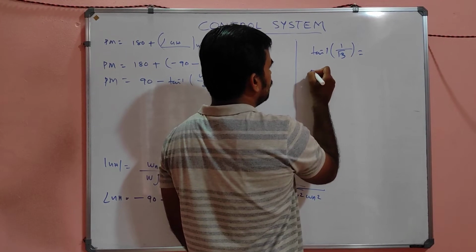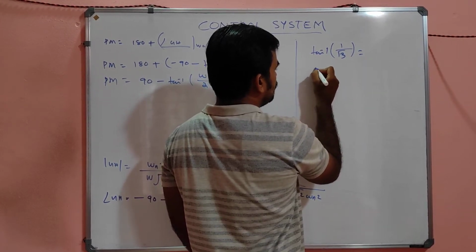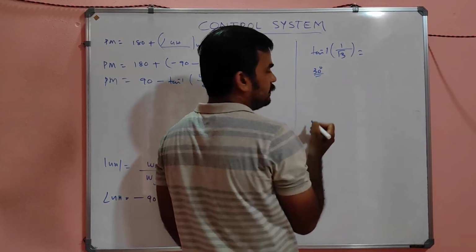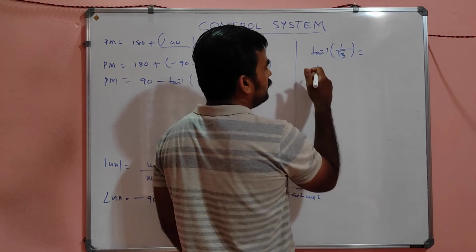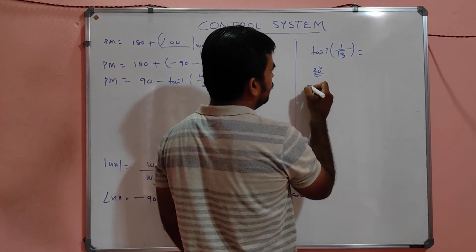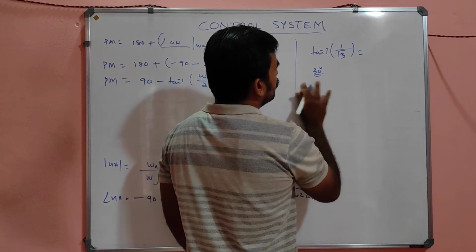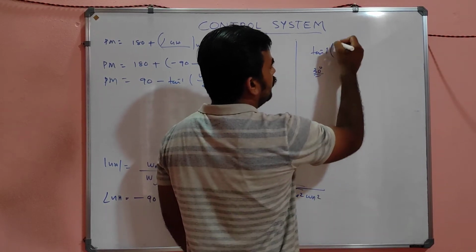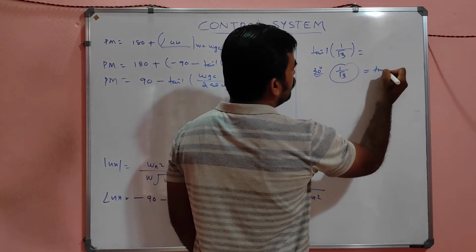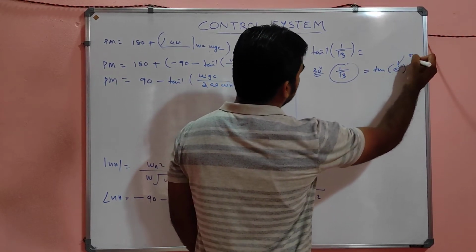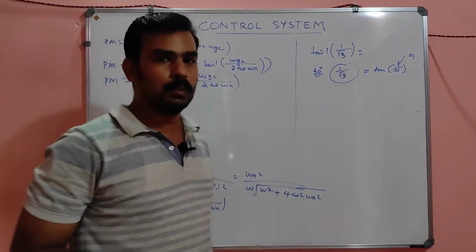Take an angle, say 30 degree, as an example. You have to find tan inverse 1 by root 3, which means for what value of theta does tan theta give 1 by root 3.